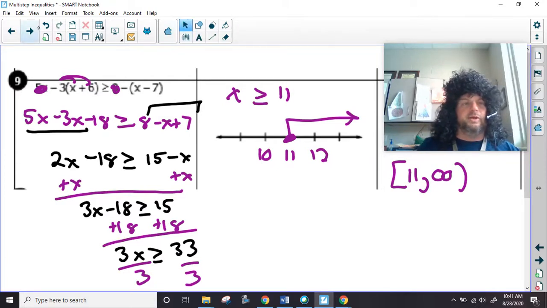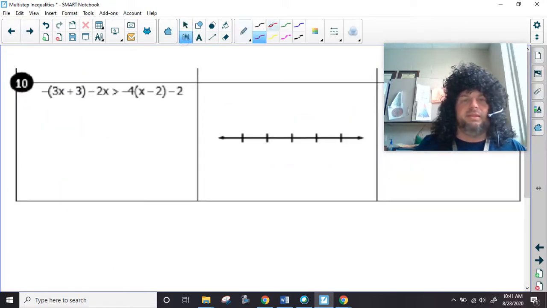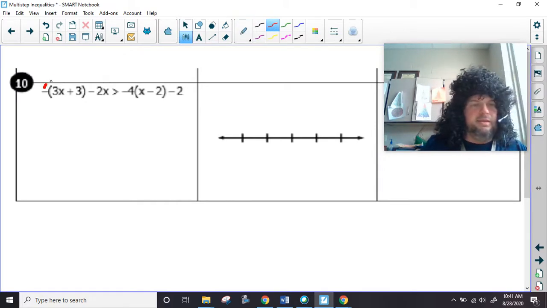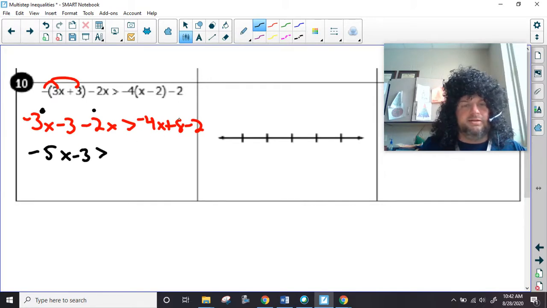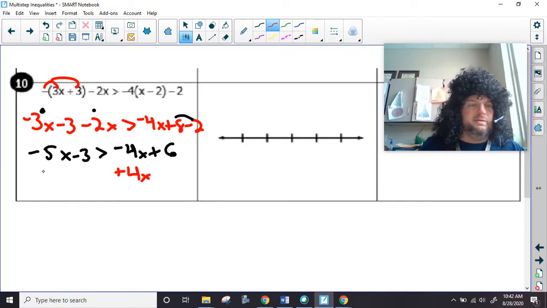All right, last one. Going to crank this out. Changing the sign. Minus 2. So we're going to combine like terms. Minus 5x minus 3 greater than. All right, our like terms over here are these. I'm going to move everything to the left.